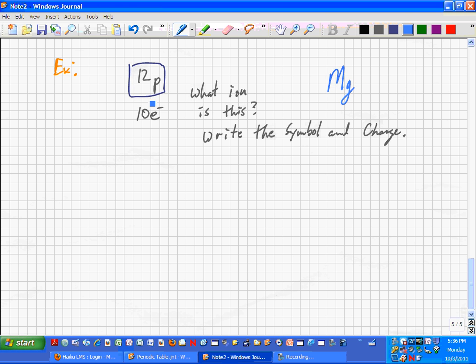Well, what is that charge? Probably the easiest way to do this, there's formulas that you can remember. I'm not a big formula guy. Here's what I do. I take a look and I say, okay, which one do I have more of, protons or electrons? Protons are greater than electrons. That means it's going to be positive.